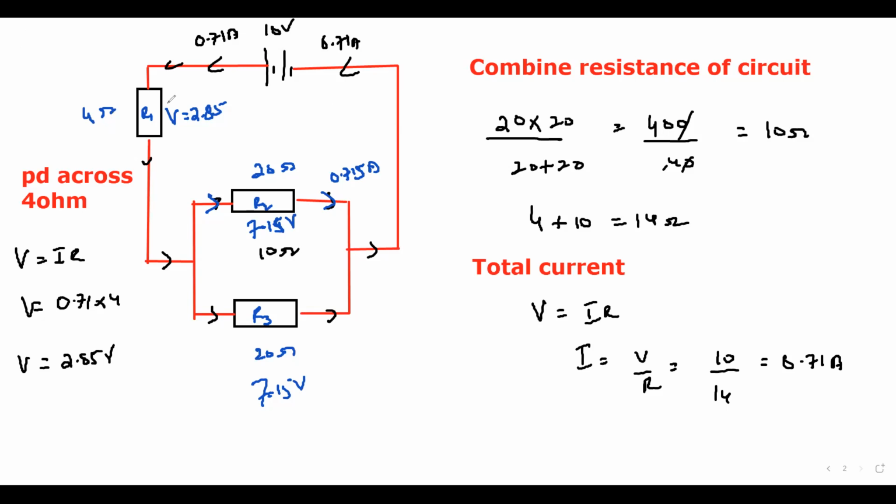Then 0.71 multiplied by 4 is 2.85, and subtracting from 10 gives 7.15, which is the voltage across these components. Using this we can work out the current in each combination. Now we'll do some questions related to circuits.